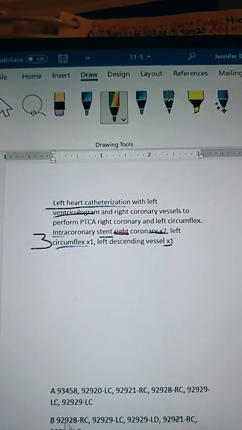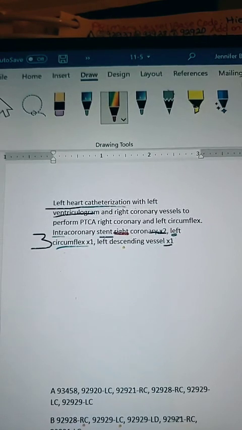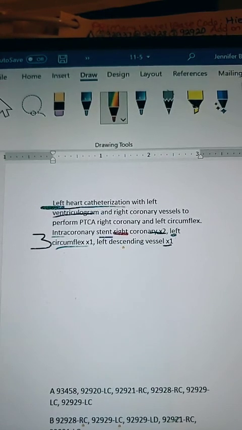So everything that starts out with right could have been a possible answer, right? These 3 all start out with right. Then they took a left-hand turn, so the next one would have been left. And then the last one was left. But because you don't code the approach, if it comes in on the left side of the heart, you don't code the first thing. You're only going to code the 3 things: right, left, left.